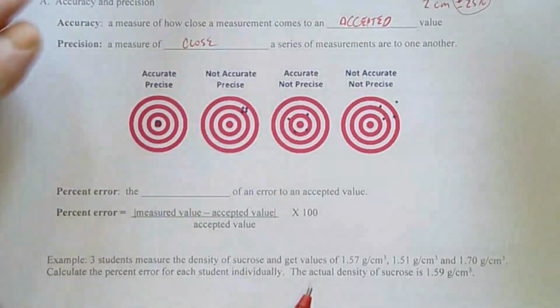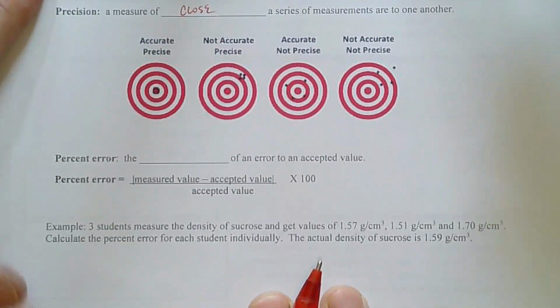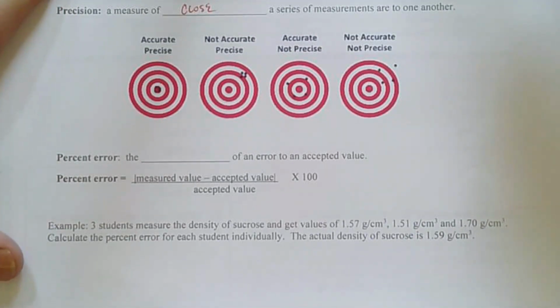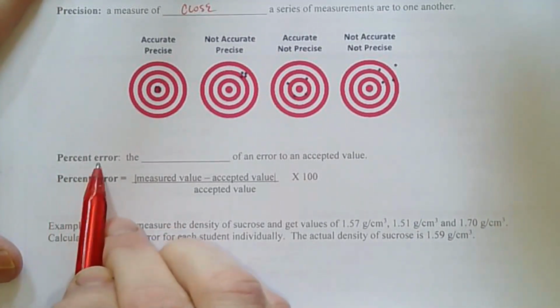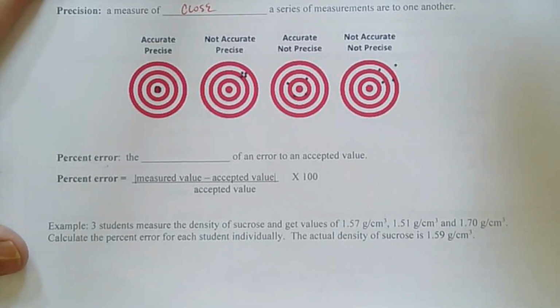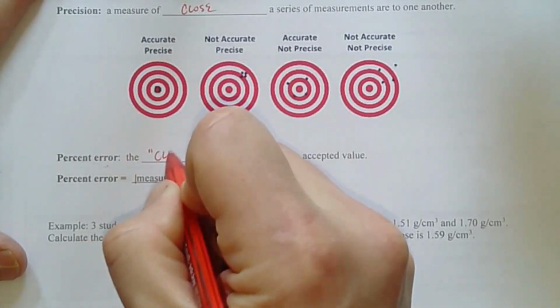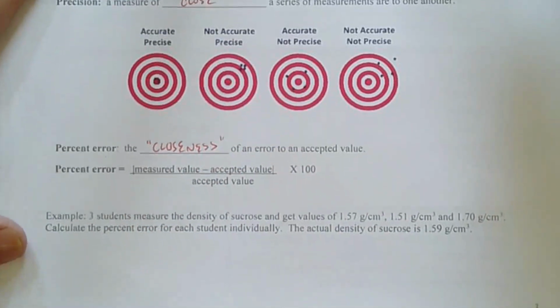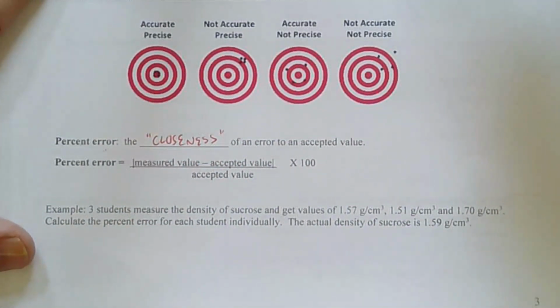One thing that we will be using often in lab experiments, especially when we collect data and are trying to do calculations to figure out how well we did, is something called percent error, which is defined loosely as the closeness of an experimental value to an accepted value.